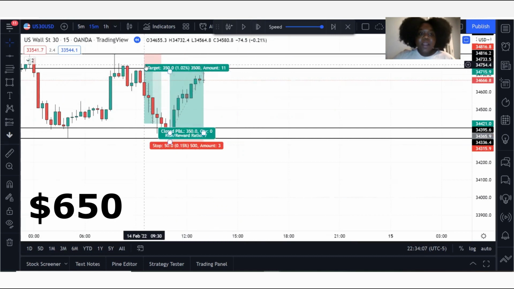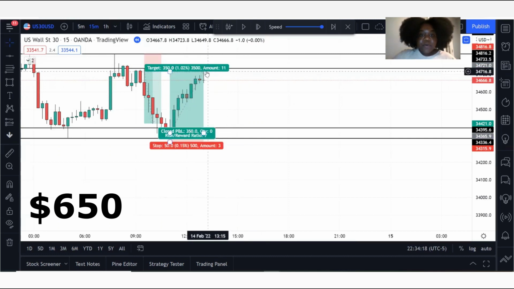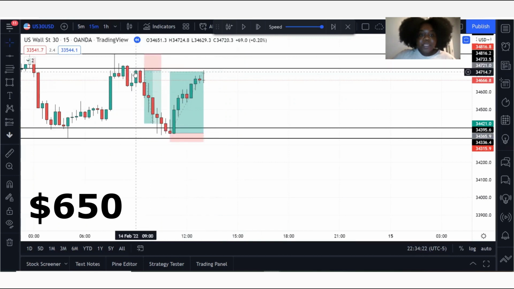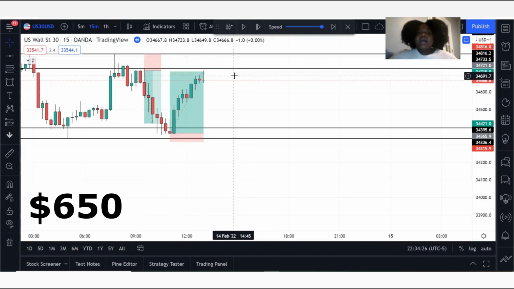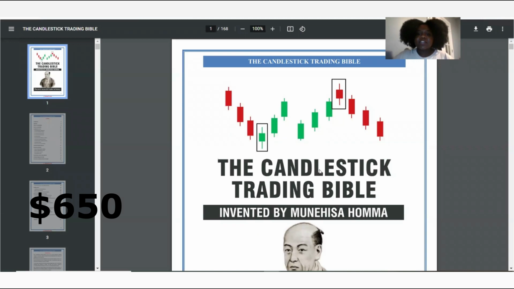So now I can see we're getting closer to my ceiling, my zone around this area, because where the TP just stopped is actually also where we got in the trade. So now looking at this, I'm looking at this candle, the candlestick trading Bible.